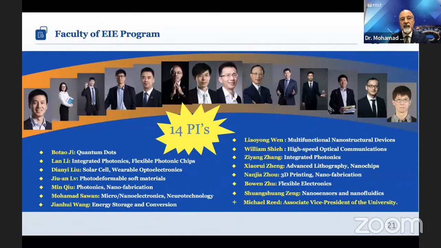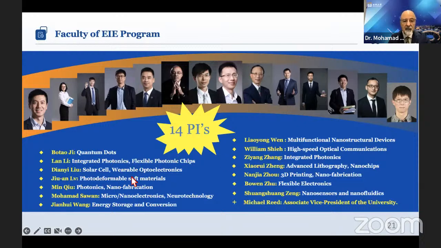Then in this program, electrical and information engineering, we are 14 PIs. Plus one is now vice president of the university, meaning associate vice president, sorry, but the 14 PIs, these are their names in yellow and their topics.